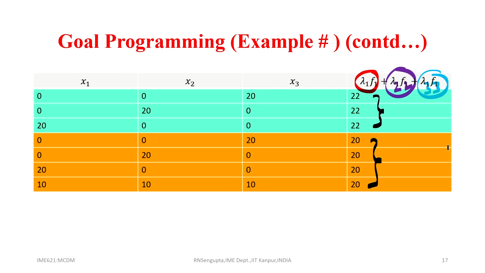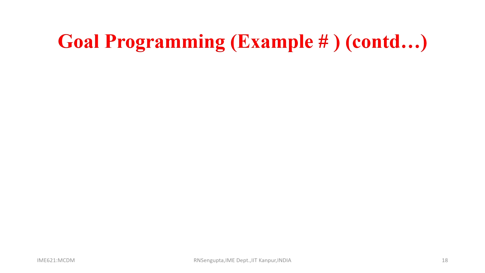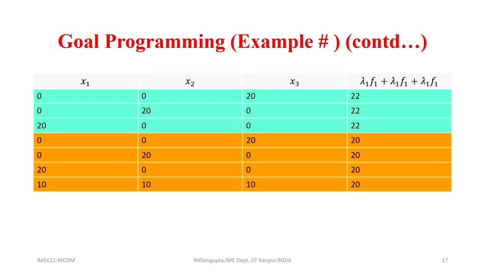Now here, I will only consider the last 4 where the objective function is 20, and the points, I will repeat, are 20, 0, 0, the third one; then 0, 20, 0, the second one; 0, 0, 20, the first one; and the last one being 10, 10, 10.